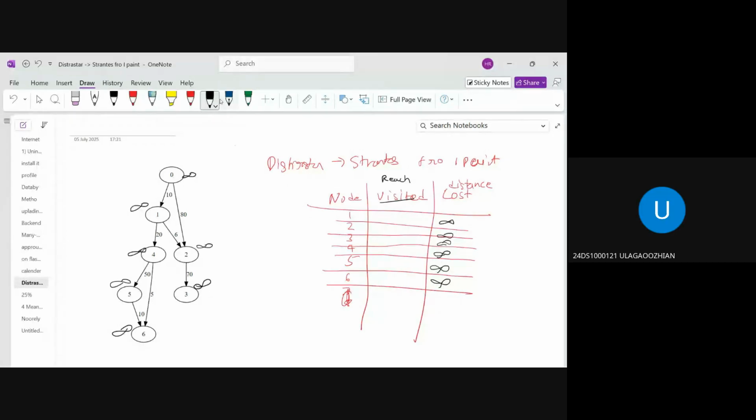Then what does it do? It starts from the starting point. So this node gets 0 cost, and node 0 has been visited.